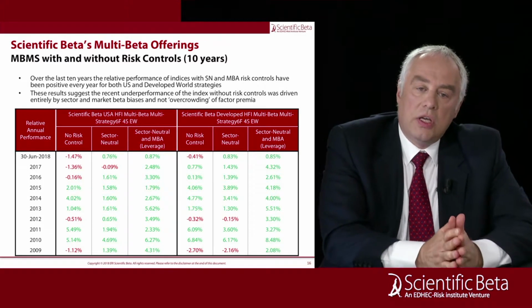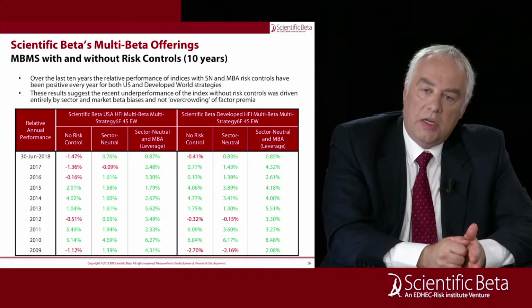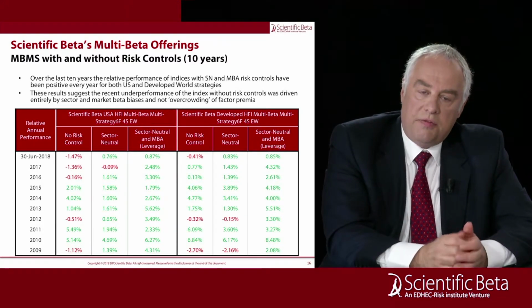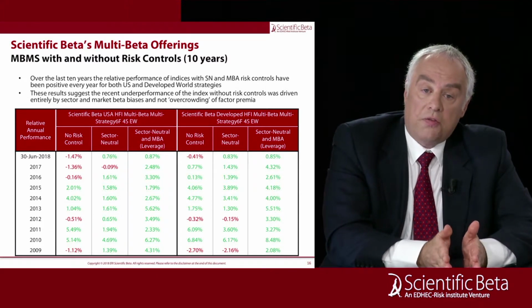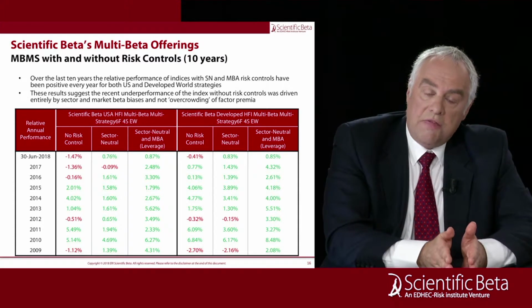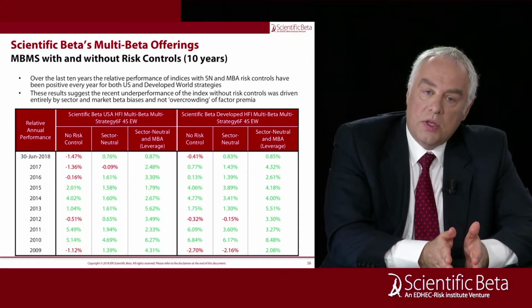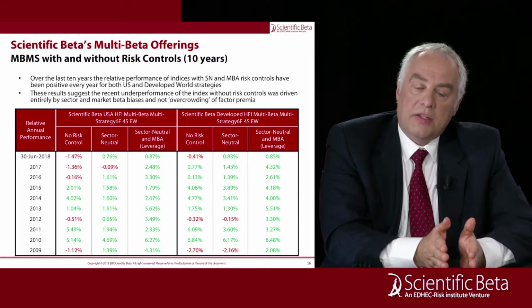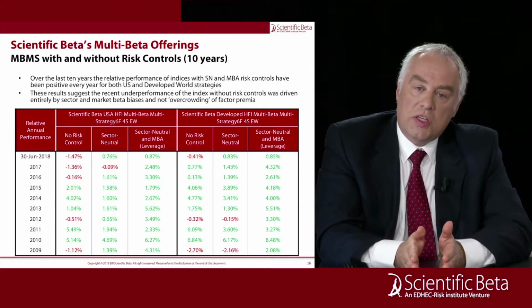For the strategy that doesn't have any risk controls, we show it for a US multi-factor index and a developed world multi-factor index. What we observe over the last 2.5 years is that a multi-factor index has underperformed the cap-weighted index.